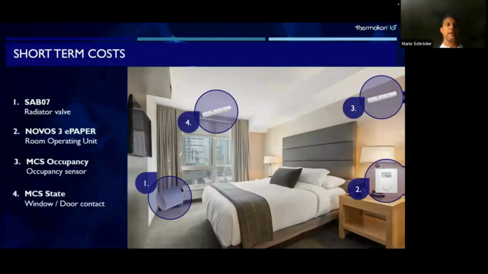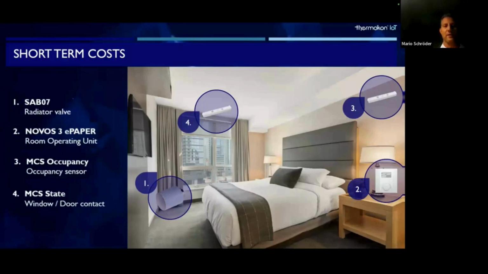And when we have a look at the hotel room, the beauty of the technology is the scalability. You can modernize the room step by step, or with just those 4 devices, it's fully equipped. This room is totally monitored, and the modernization rate is huge.